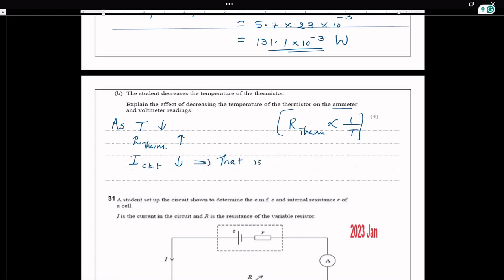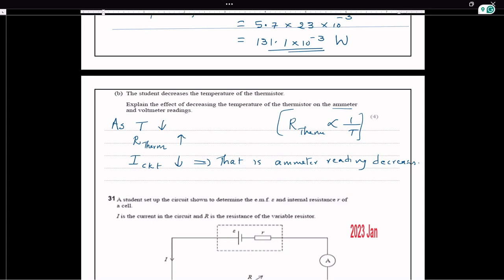That is, ammeter reading decreases. Okay. Now what is the effect on the voltmeter? So we reach till here, the circuit current decreases.